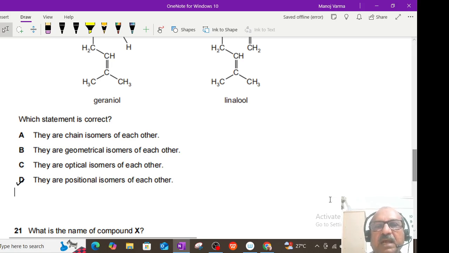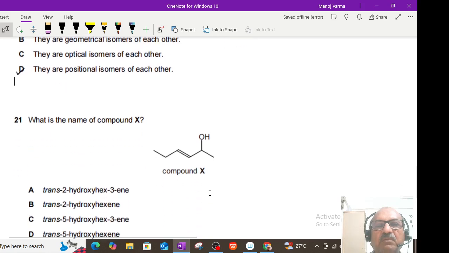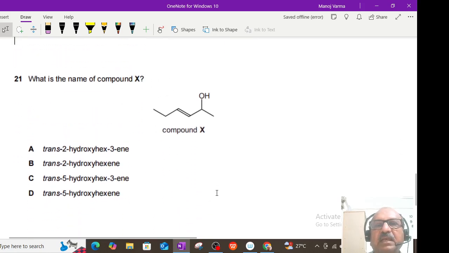Okay, going to the last question, that is, what is the name of this compound X? So in this you have to understand that the OH group is given priority over the double bond, and therefore the numbering should start from here. This is the first carbon, this is the second carbon, this is the third, the fourth, the fifth, and the sixth.